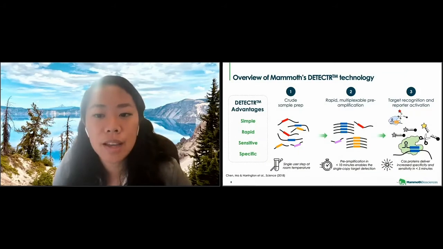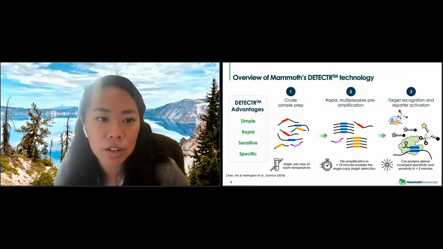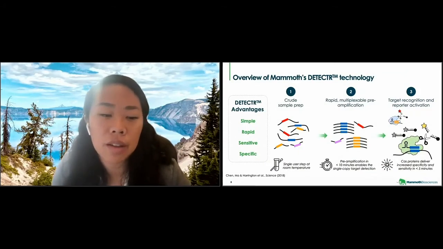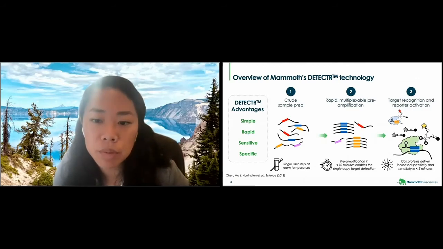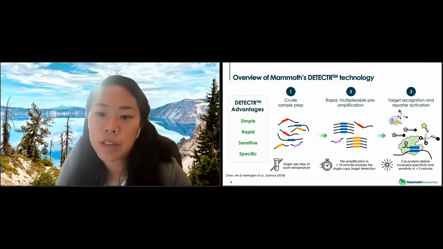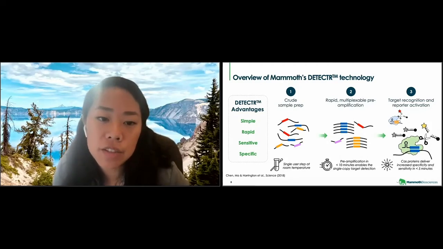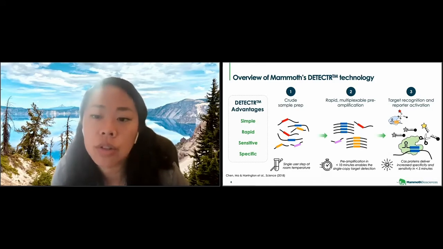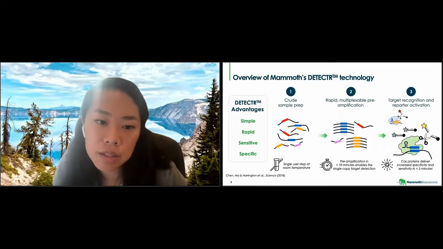Our CRISPR-based diagnostic platform called Detector is a sample-to-answer workflow that involves first a crude sample preparation step, followed by a rapid and multiplexable preamplification that achieves single molecule sensitivity, and then followed by the CRISPR detection module that sorts through non-target sequences with single nucleotide specificity.